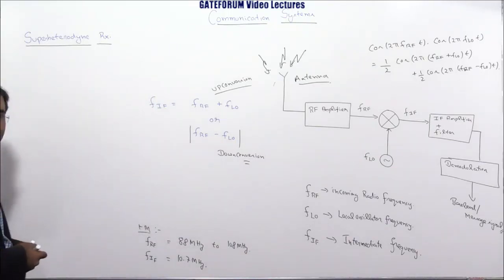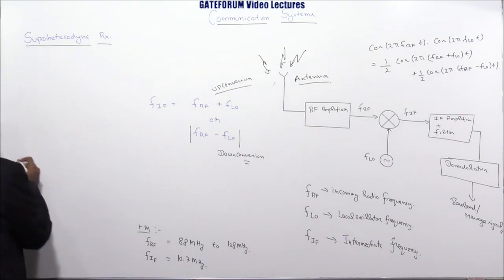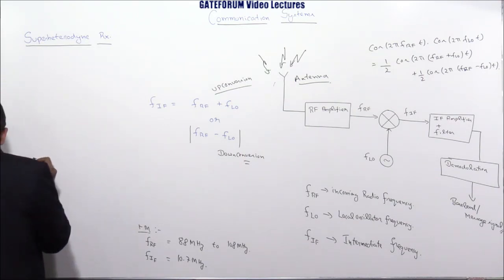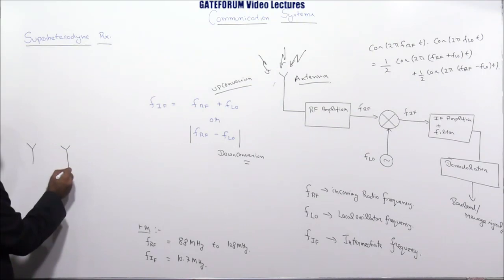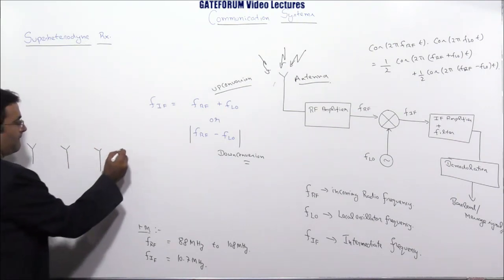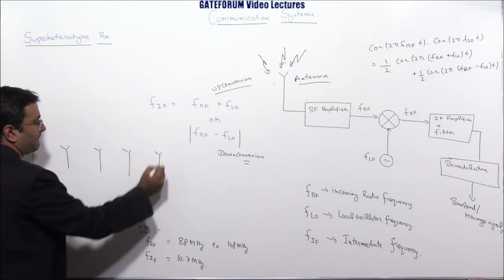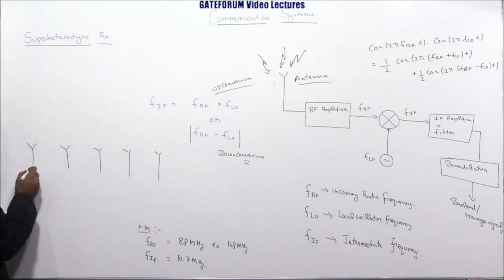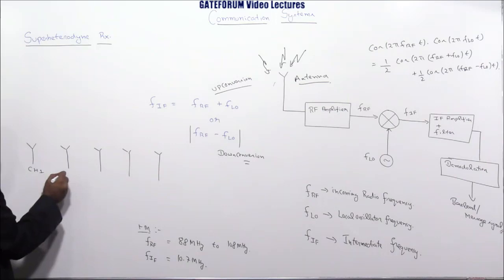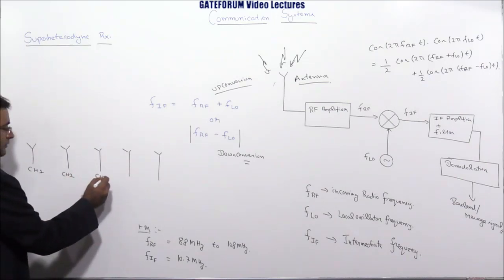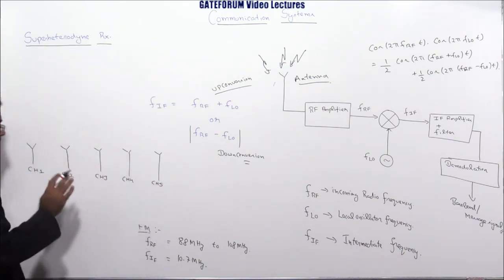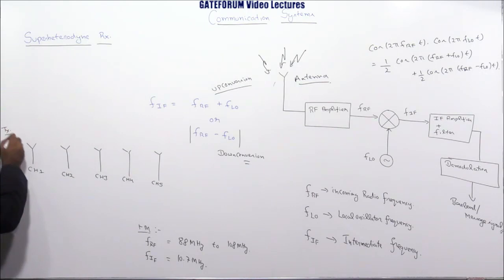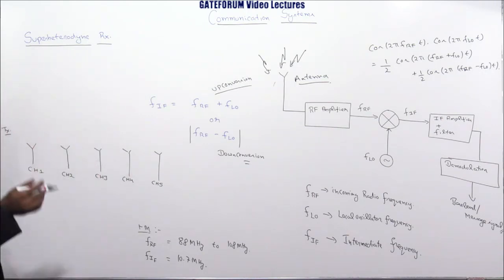Let's say there are 5 channels present: channel 1, channel 2, channel 3, channel 4, channel 5. They all are transmitters, transmitting the signal in free space.